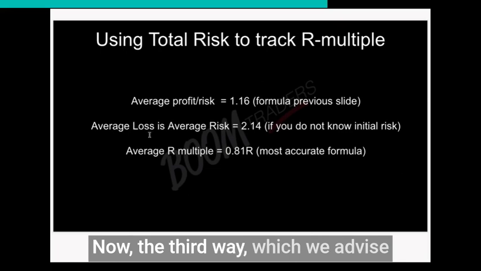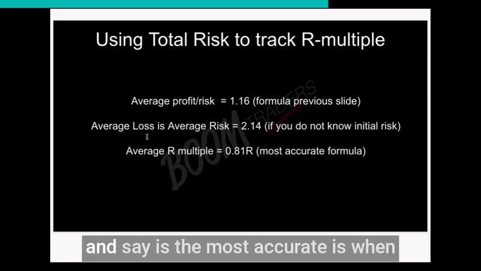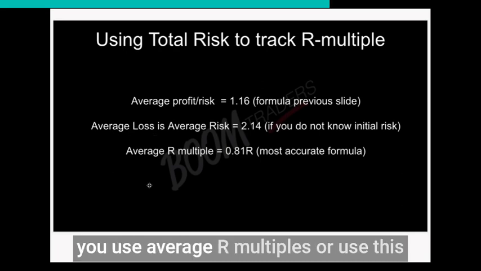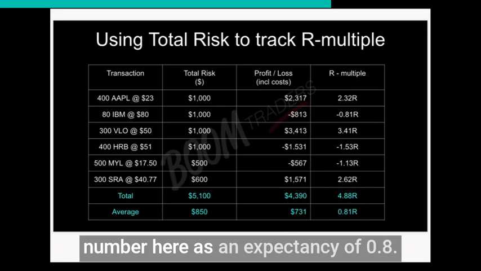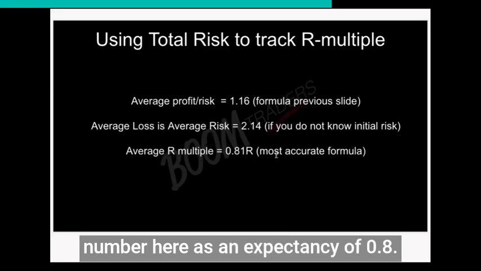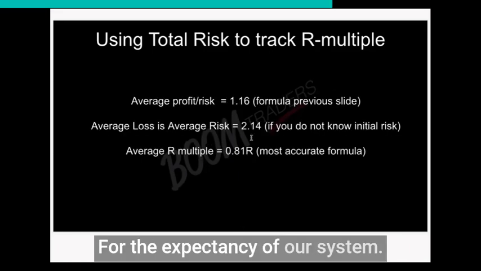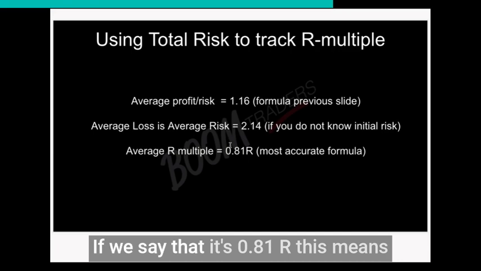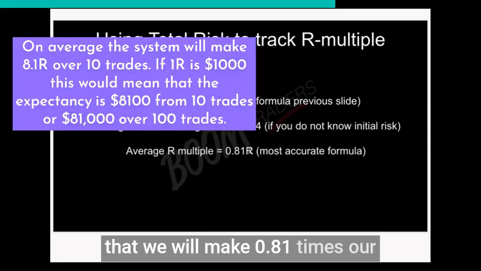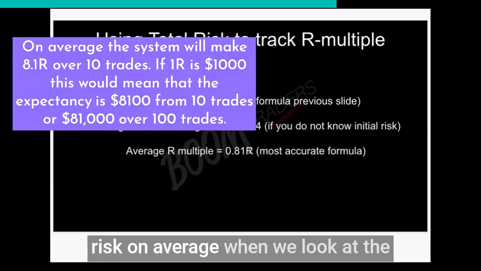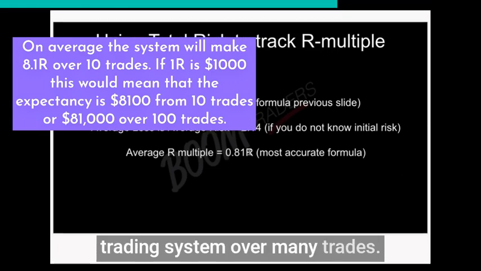Now, the third way, which we advise and say is the most accurate, is when you use average R multiples, or we use this number here as an expectancy of 0.8. For the expectancy of our system, if we say that it's 0.81 R, this means that we will make 0.81 times our risk on average when we look at the trading system over many trades.